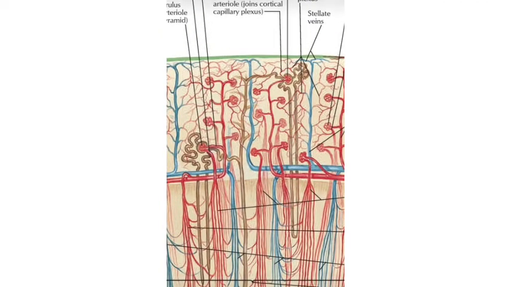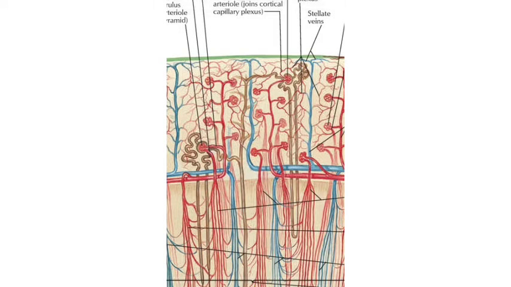leave the cortical glomerulus, and that will form a plexus around the proximal and distal convoluted tubule of the cortical nephron. That is known as the peritubular plexus. This arterial plexus is known as the peritubular plexus.